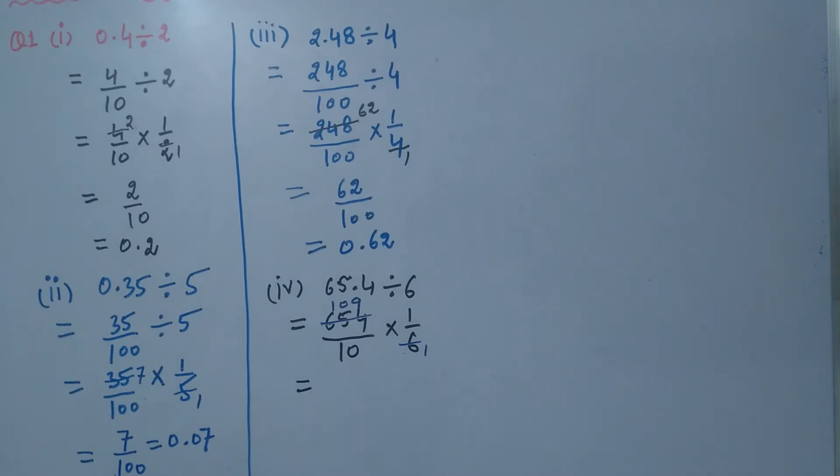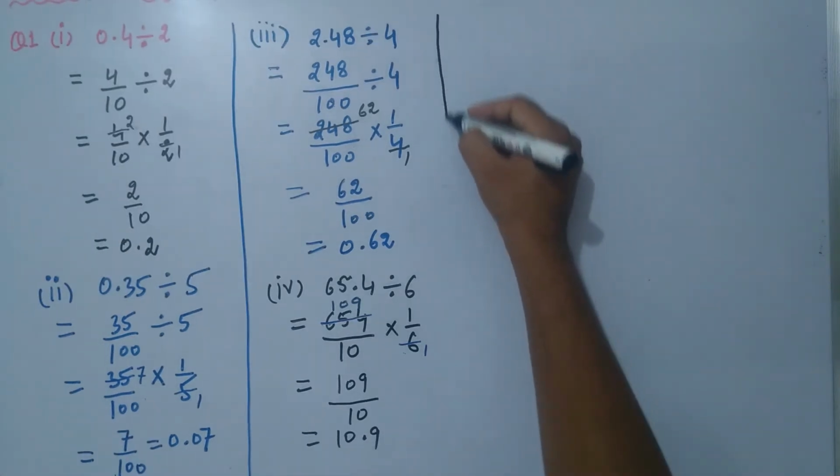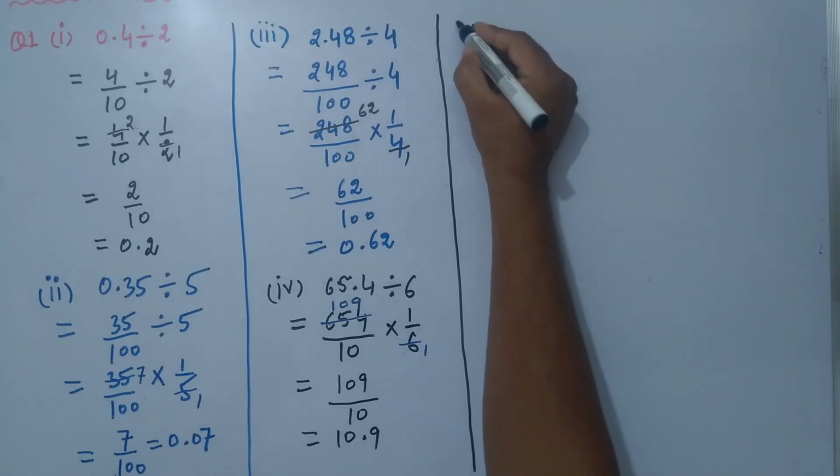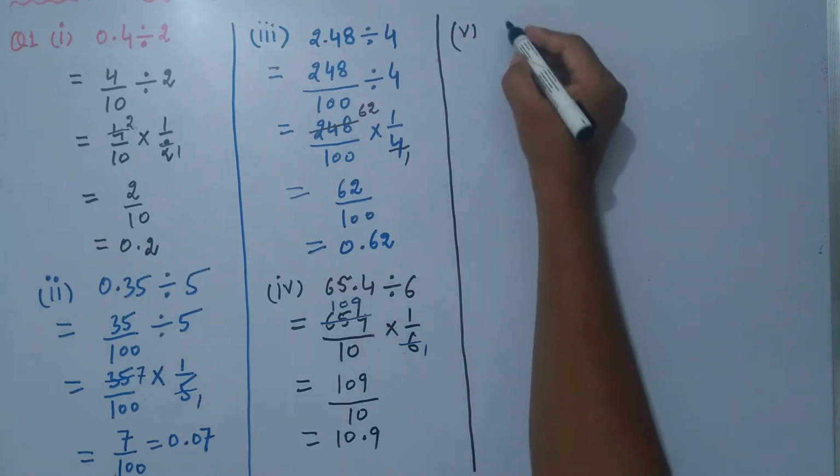So we are left with 109 divide 10, which is equal to 10.9.